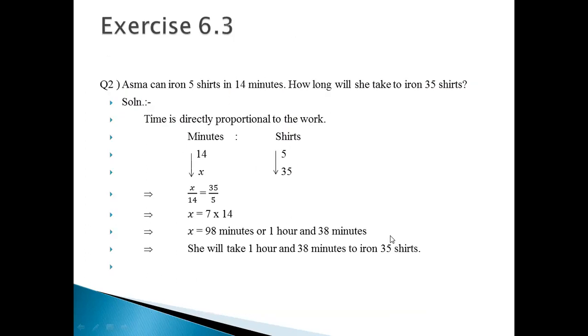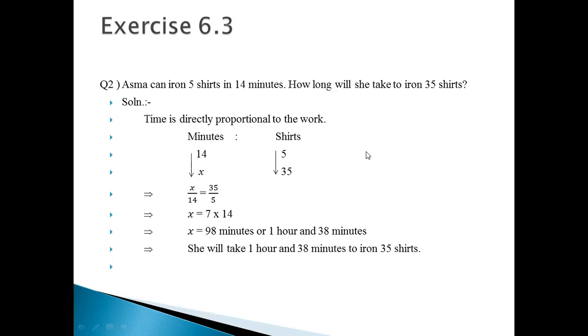Now come to the next question. Question number 2. Asma can iron 5 shirts in 14 minutes. How long will she take to iron 35 shirts? Again, this is direct proportion. How? Look, if in 14 minutes she irons 5 shirts, then for 35 shirts the number of minutes will increase.